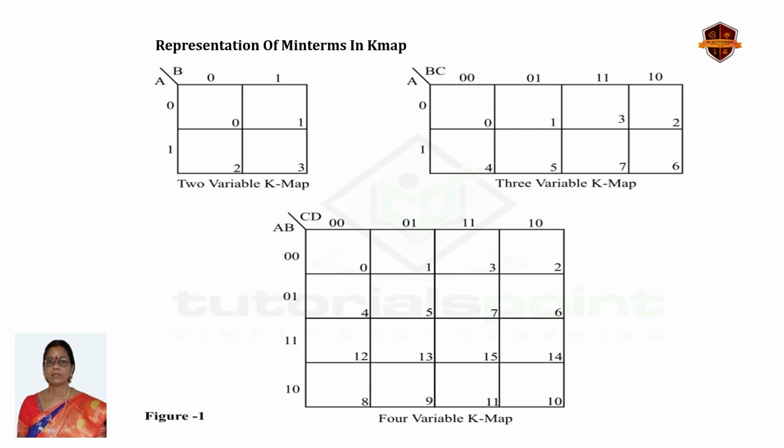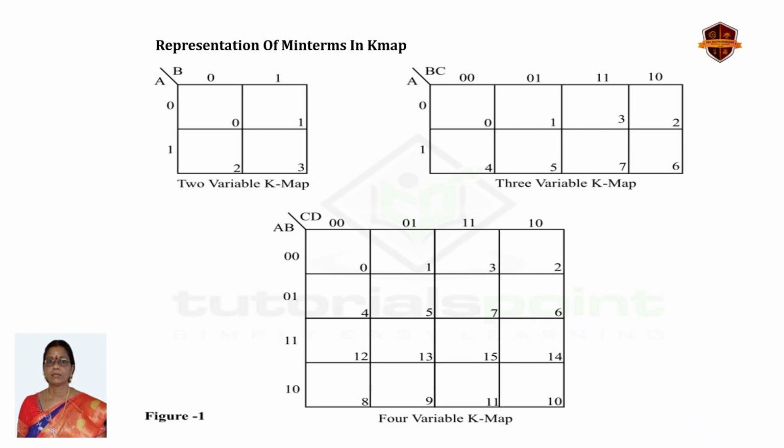As we have discussed earlier, it is arranged in gray code format, 0 0, 0 1, and next if you keep 1 0, both the bits will change. So you cannot keep it adjacent to 0 1; you have 1 1 and then 1 0. So if you see the successive combinations, only one bit will change and the other bit remains the same.